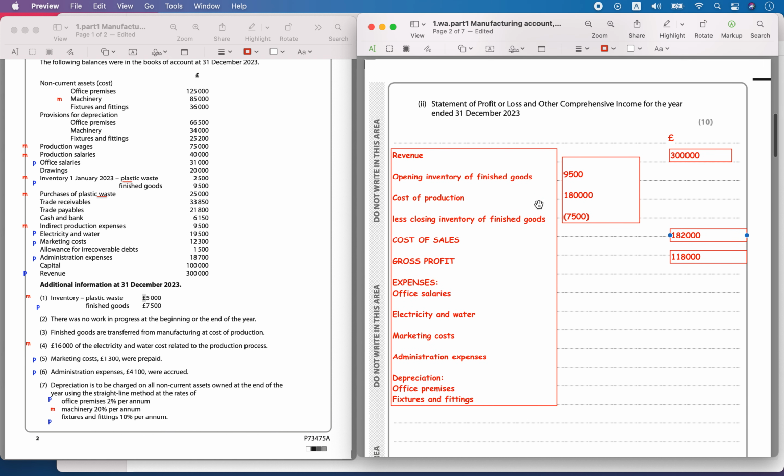Then let's write the expenses. The first expense is going to be the office salaries, which is 31,000.